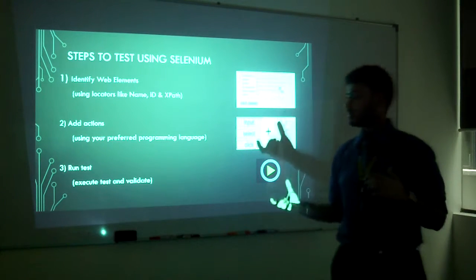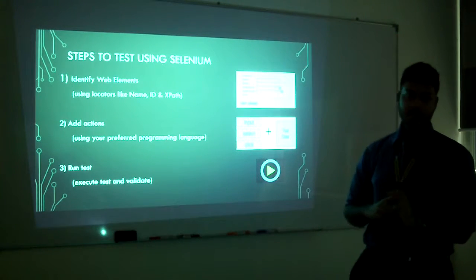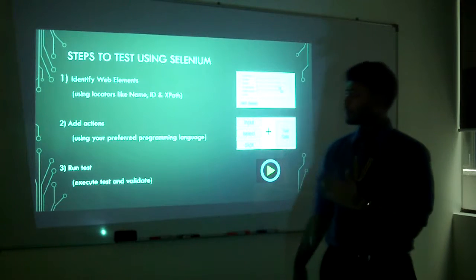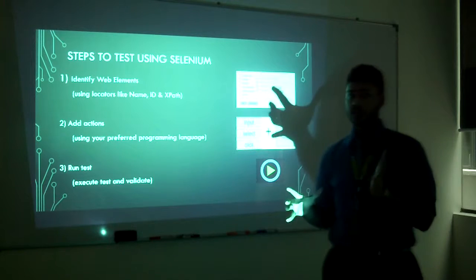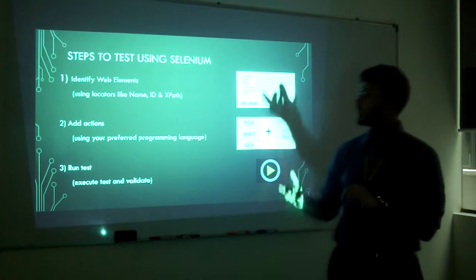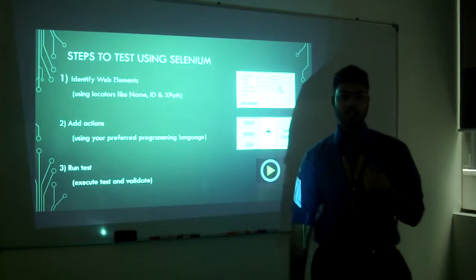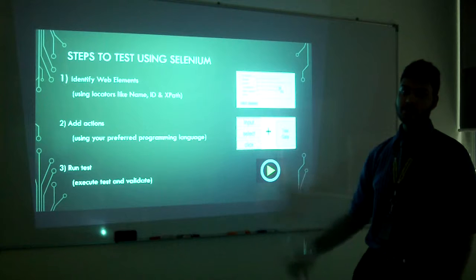Every web element will have a unique identifier or locator such as name, ID, and XPath. I will explain more about this on the next slide. Once we have inspected the unique name, attributes, or XPath, we can develop our script using our preferred programming language. In my case, I use Java. Once the script is ready, we can just run it.